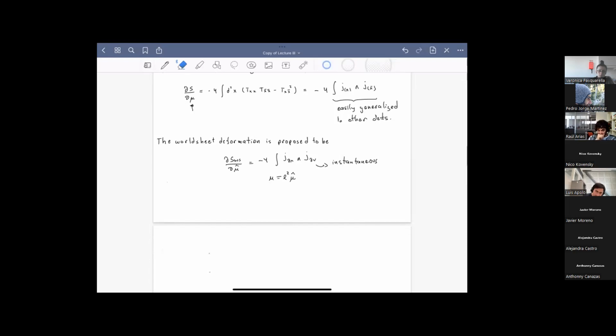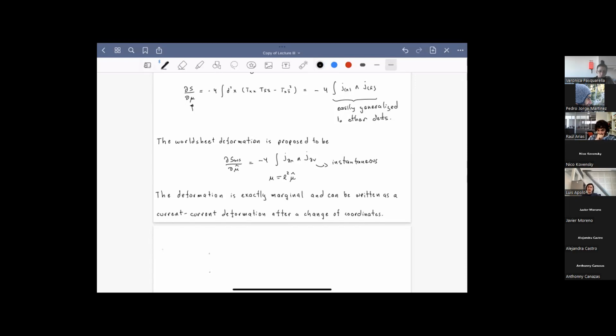When written in this way, it turns out that the deformation is also exactly marginal. And one way to see this is that you can perform a change of coordinates, which from the context of the worldsheet nonlinear sigma model is just a field redefinition to put this into a current type of deformation.